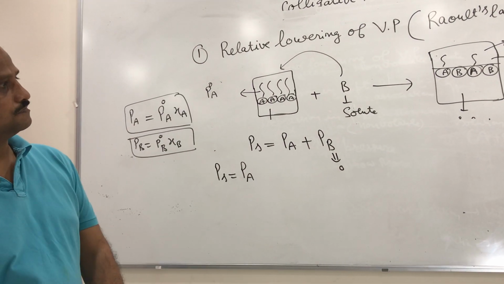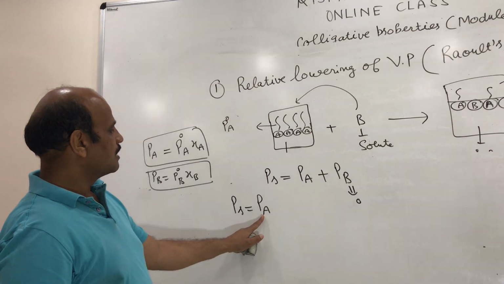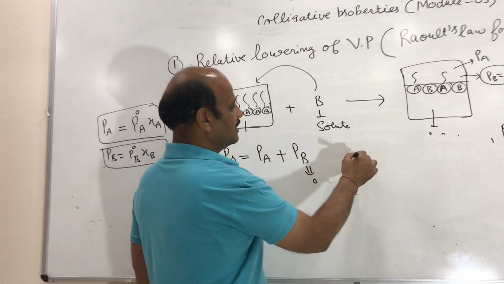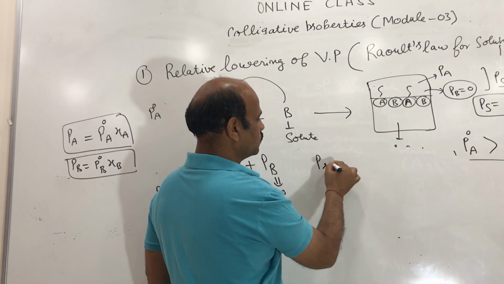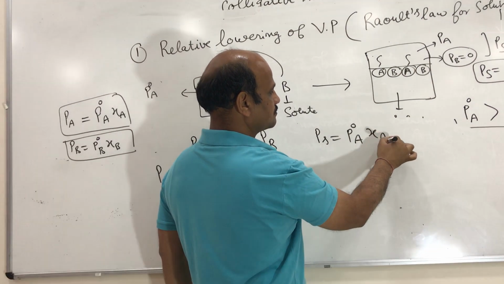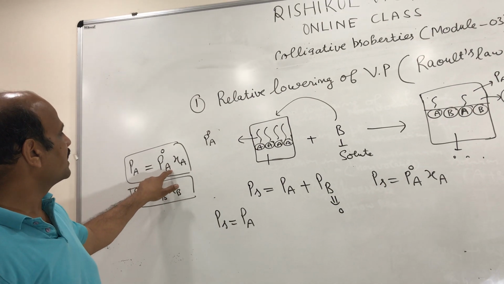This is Raoult's law. Now here we can put PA equal to P naught A XA. So we can write here PS equal to P naught A XA. I am putting the value of PA.